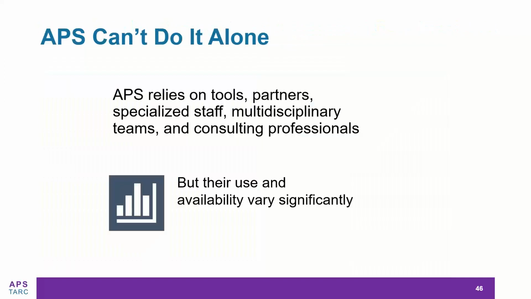Next slide. So that's internal. What about external? One of our key takeaways is that APS can't do it alone. You know, we rely on tools, partners, specialized staff, multidisciplinary teams, and various types of consulting professionals to help us make good casework decisions.